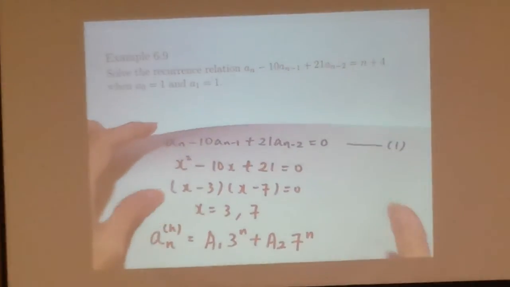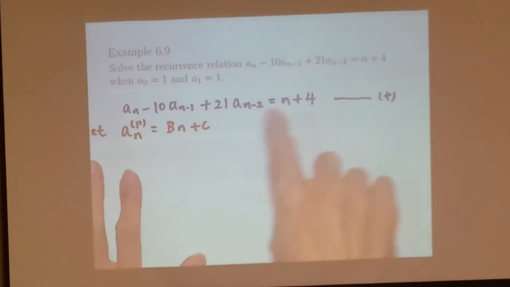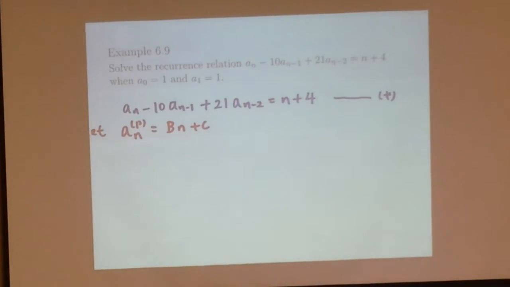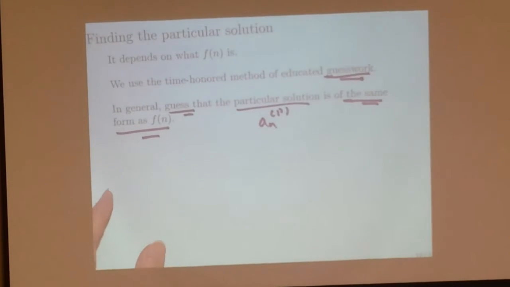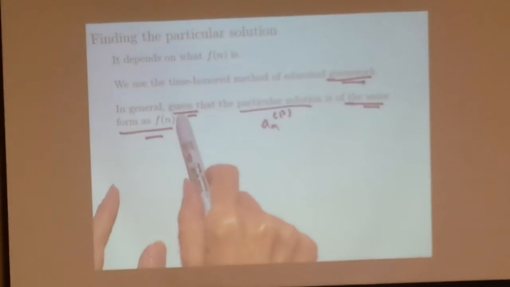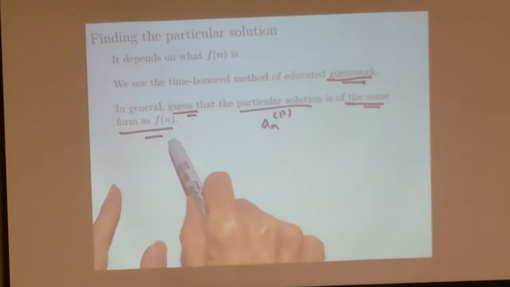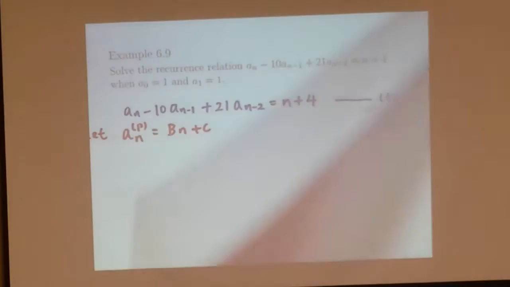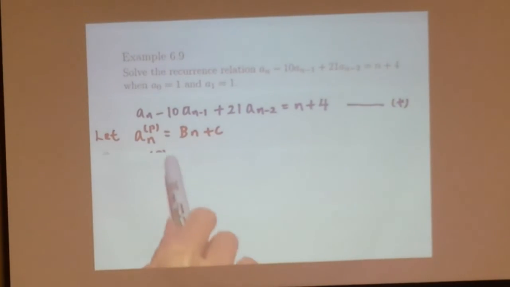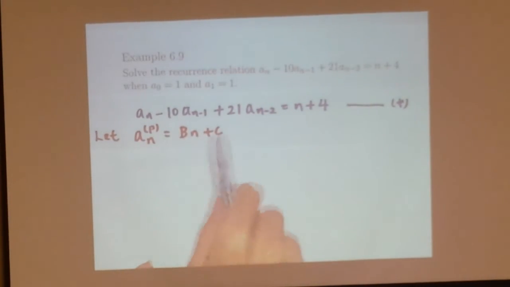And after that, to find a_n^t for 6.9, because it's n plus 4, you try bn plus c. Remember what I mentioned, you get a particular solution a_n^t of the same form as f_n. Because it's n plus 4, you should try a_n^t to be bn plus c.